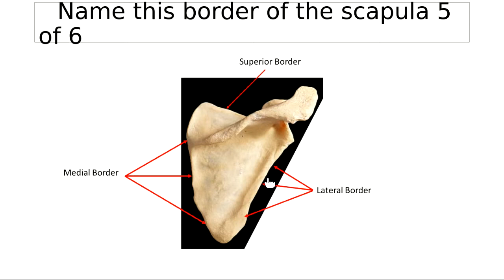It could also be called the axillary border because of your armpit. And the opposite side is the medial border, or you could call it the vertebral border. And then the top one's called the superior border. So we have three borders, three sides to this triangle: superior border, axillary or lateral border, and medial or vertebral border.